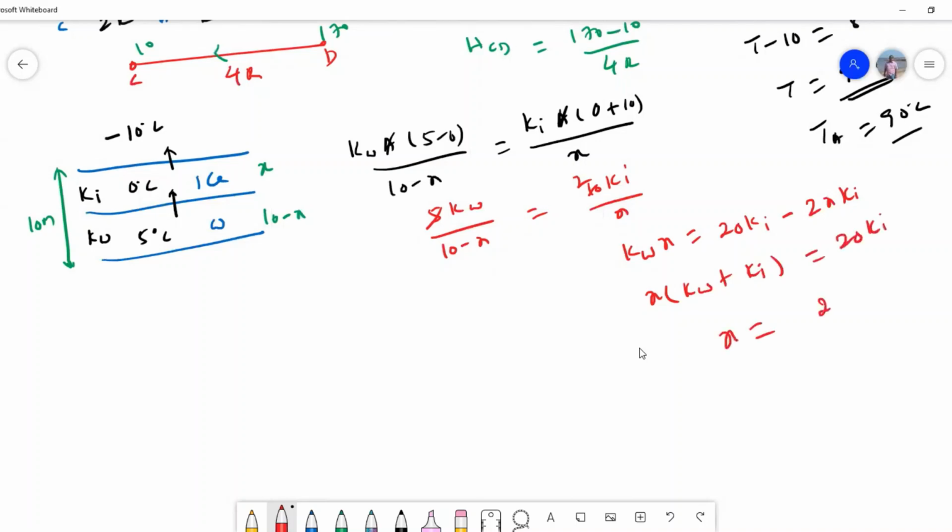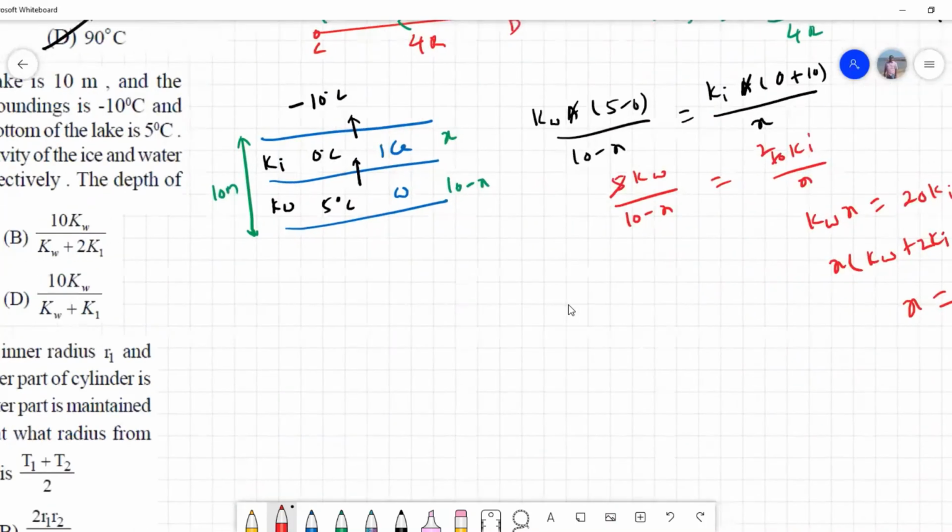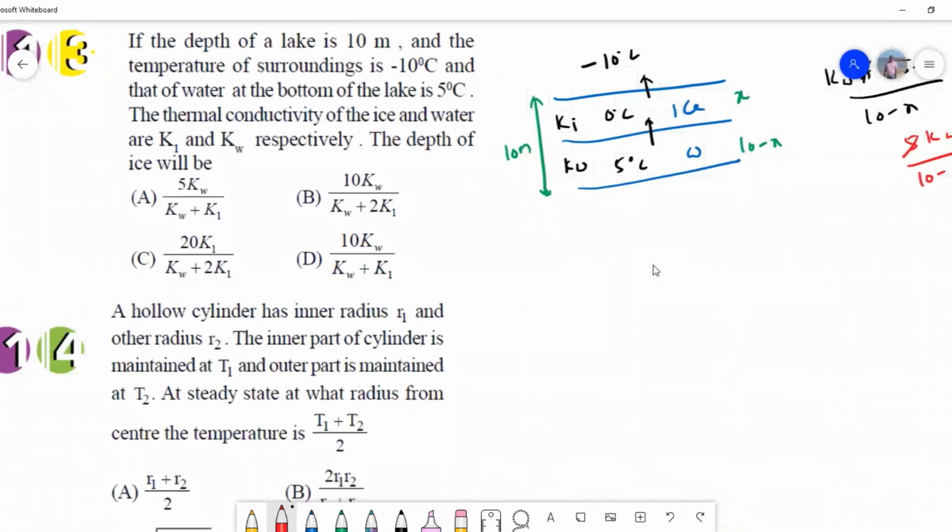So x is equal to 20 Ki upon Kw plus 2 Ki. So let's see the options. Yeah, option number C is the answer.